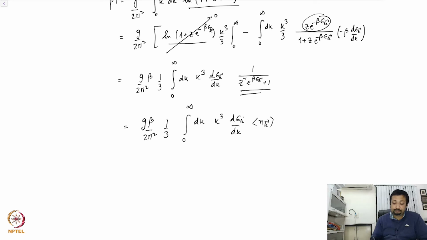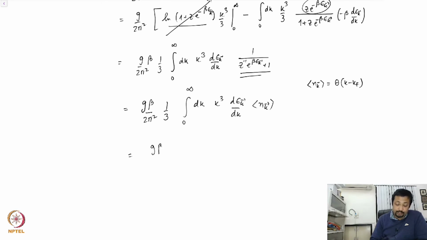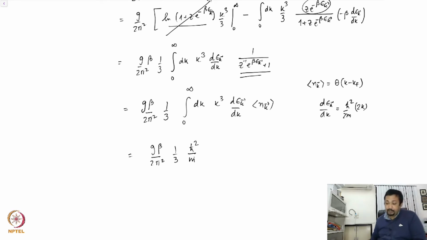Now the average of the occupation number at 0 temperature has the form theta of (k minus k_F), where theta is a Heaviside function, so that this expression is g beta over 2 pi squared, 1/3. d epsilon_k by dk is going to be h bar squared over twice m times twice k, so that I have h bar squared over m, integral 0 to k_F dk k to the power 4, which is g beta over 2 pi squared.